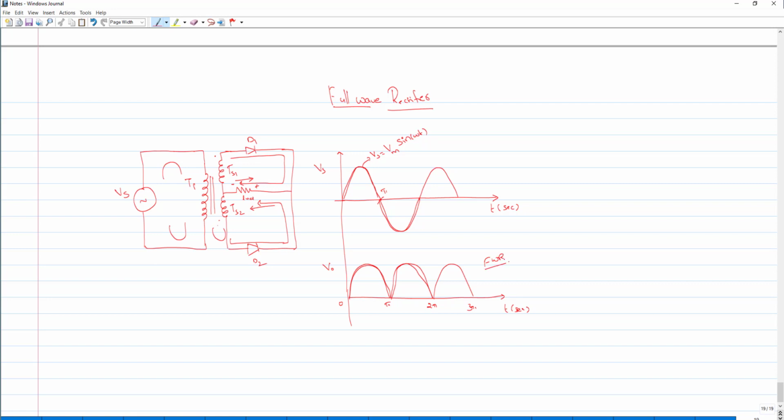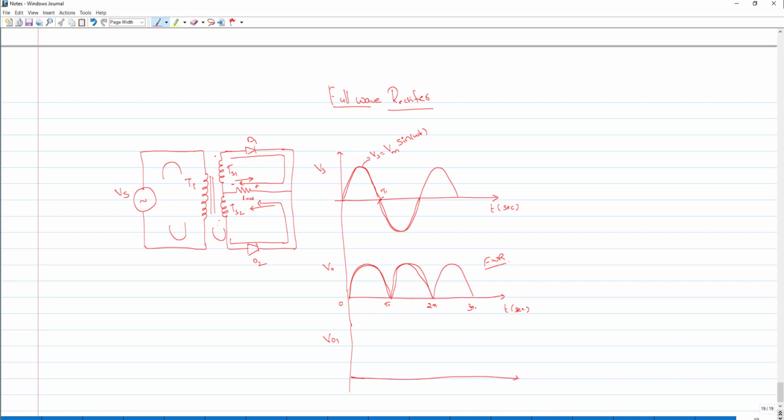Now, if you observe, what is the voltage drop across, say, diode D1? I mean, what is the voltage that will be seen by the diode D1? Let me take the voltage seen by diode D1. When it is in the positive half cycle, there is no issue.